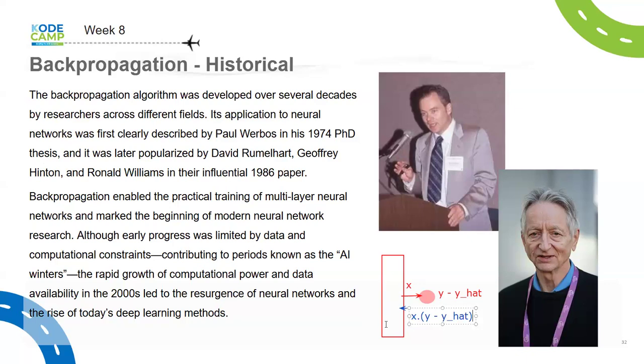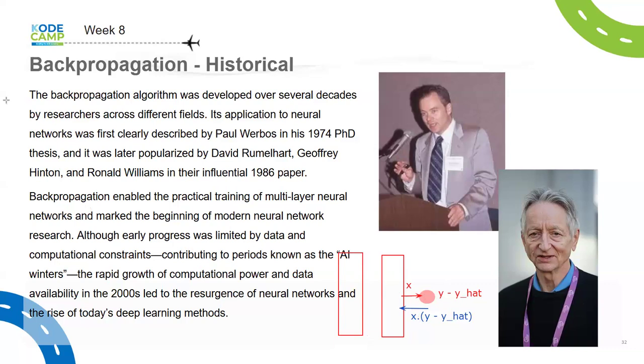But the problem that arises with neural networks is, what if I have a second layer now? I now have a second layer here. I want to calculate the gradient backwards. What happens? That was an unsolved problem for a long time, because here it's easy to calculate the gradient of this loss with respect to this.